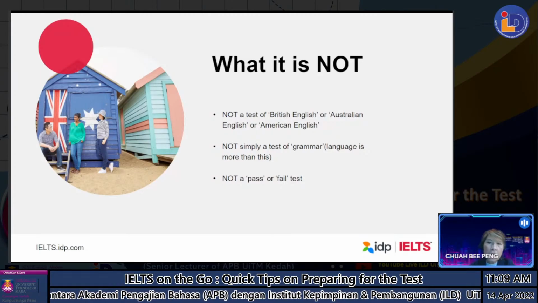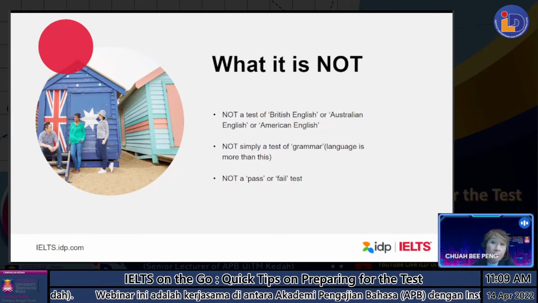And also, it's not purely a test of grammar. Language is more than this. Rather, it tests you on your comprehension and your ability to use your language skills to manage different communication aspects of the language. And also, it's not a pass or fail test.